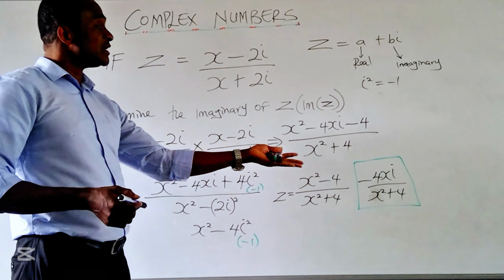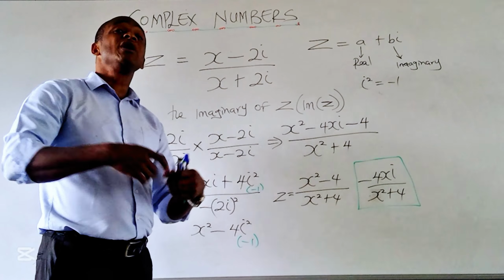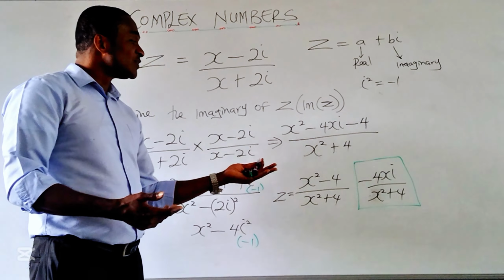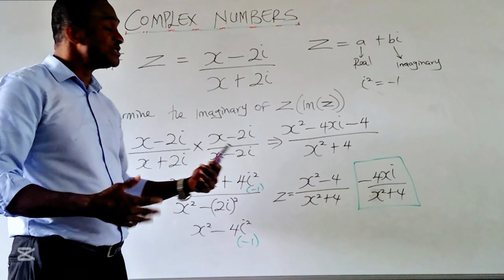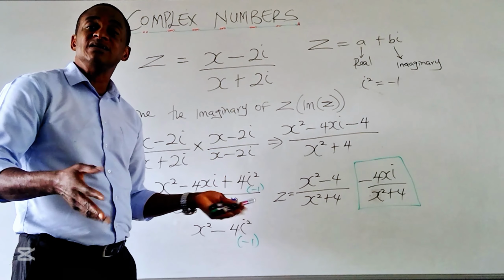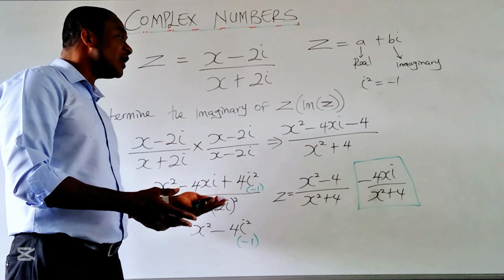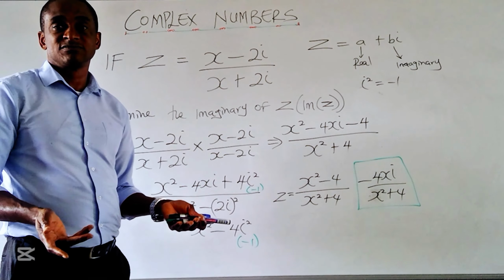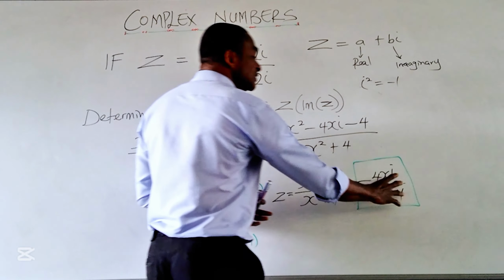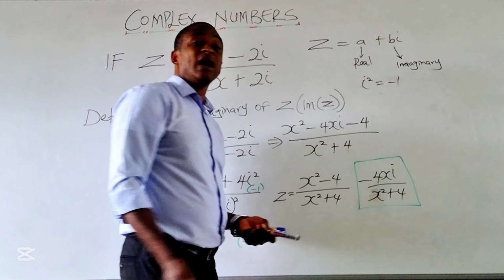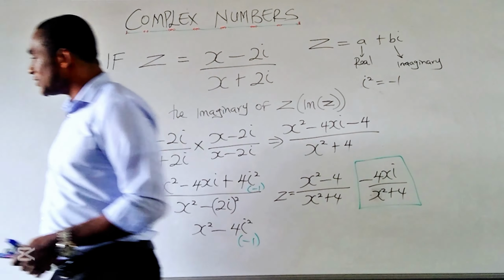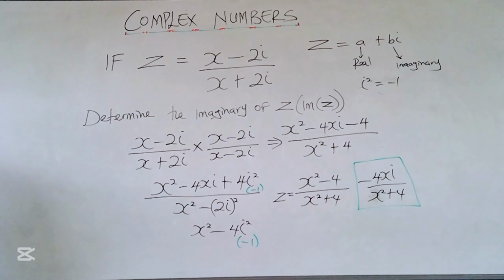Someone will say this is not a number. Yes, this is how we approach it. If we have a sub-question that stems from this, you will see something like: if the imaginary part is equal to a half, figure out the value of x. All you need to do is to equate this whole part to a half. Let's even go there.